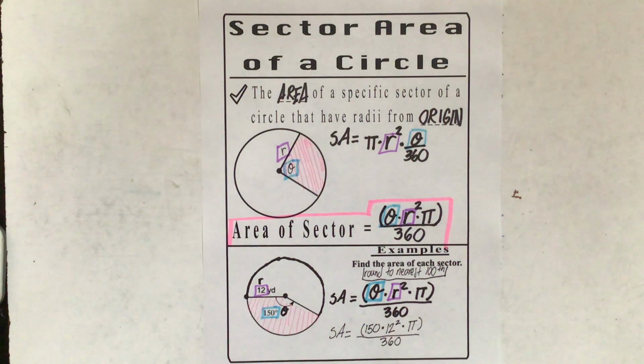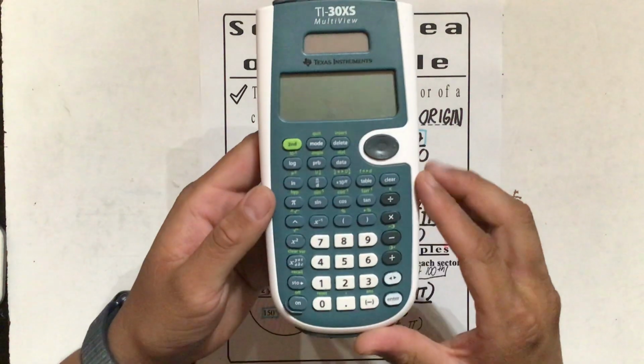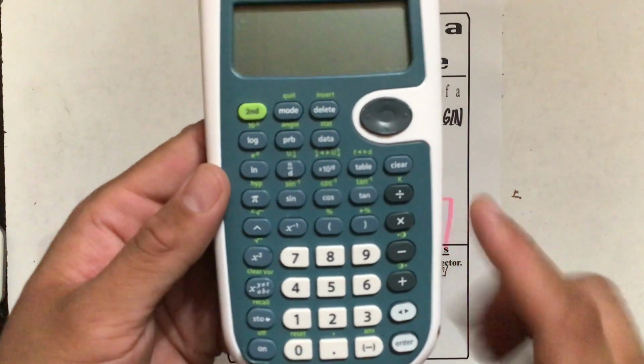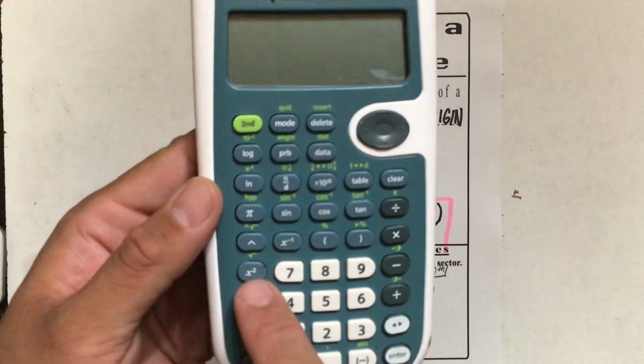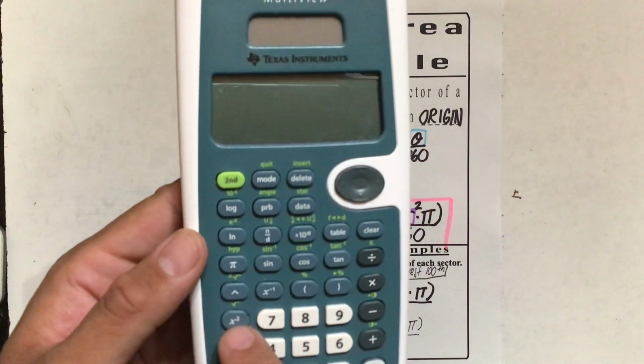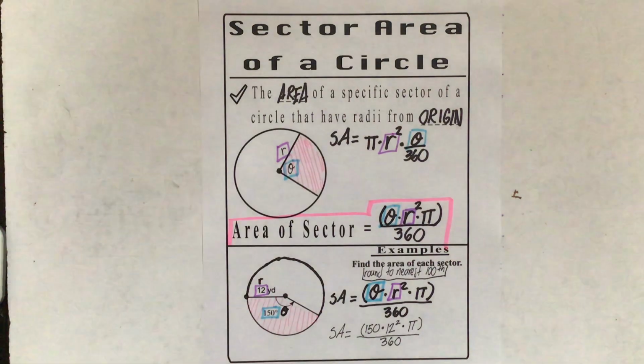So instead of 12, it's little a. On this calculator, it's right there. Do you see x to the power of 2? That means x squared. So whatever number squared.